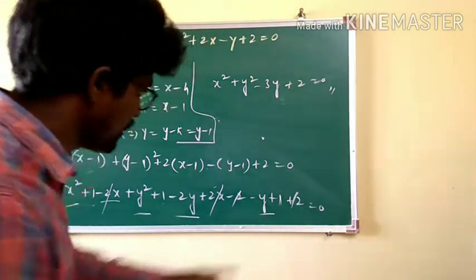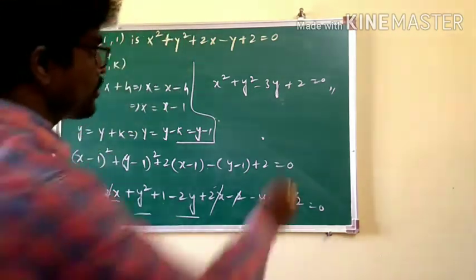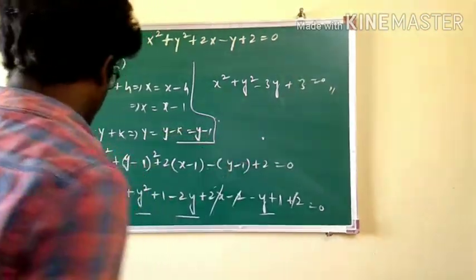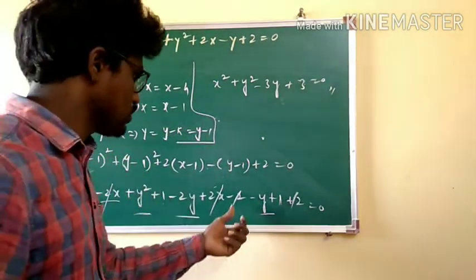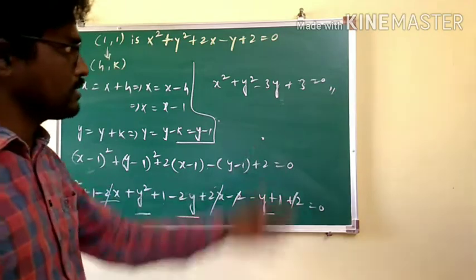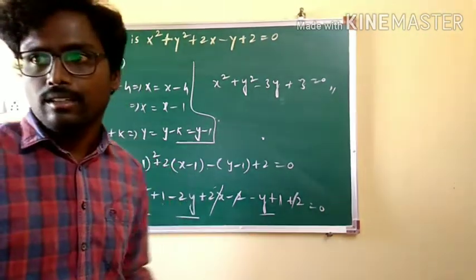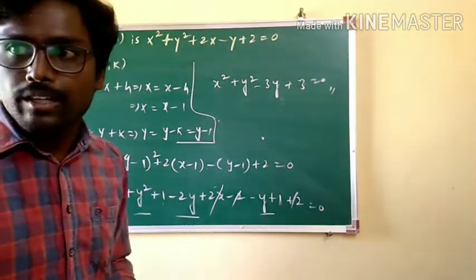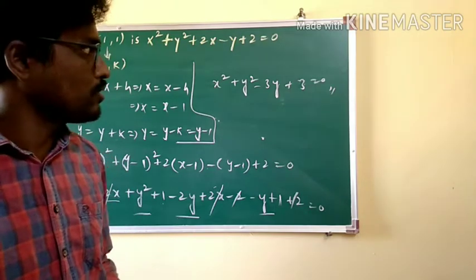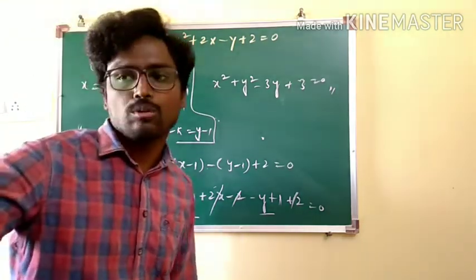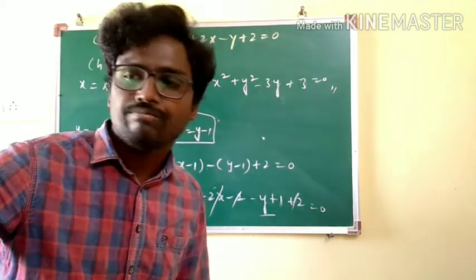None of the options here. Yeah, we are left with one more 1, so plus 3. 1 plus 1 plus 1 plus 2 and minus 2 gets cancelled. We are left with plus 3. Therefore, the suitable option is x square plus y square minus 3y plus 3 is equal to 0. So, the fourth option.